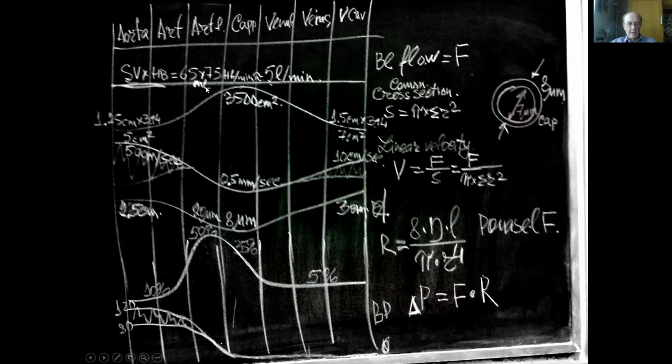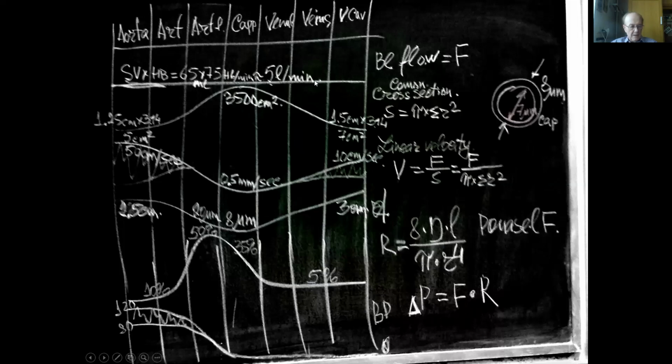Stroke volume is the volume which pumps out from the left ventricle into the aorta. And we multiply by the heartbeat rate, 75 heartbeats per minute. Approximately it is equal to 5 liters per minute.